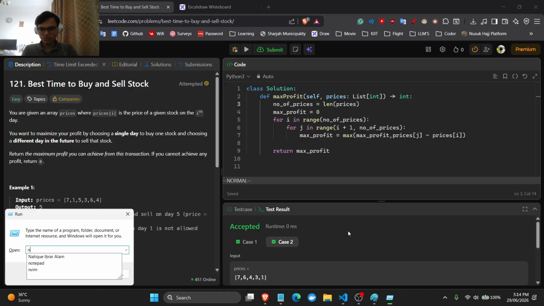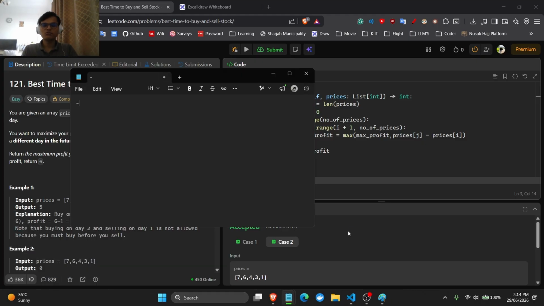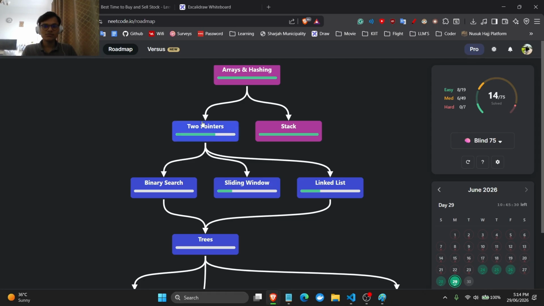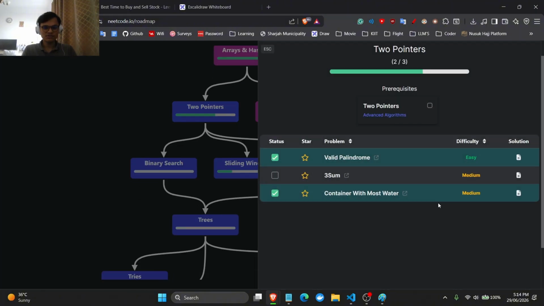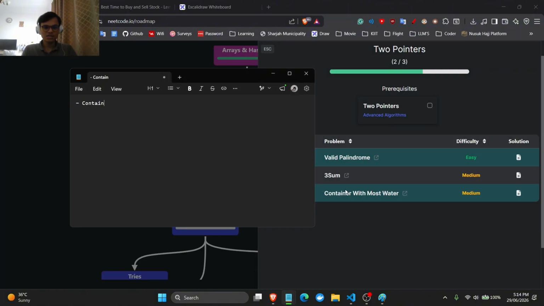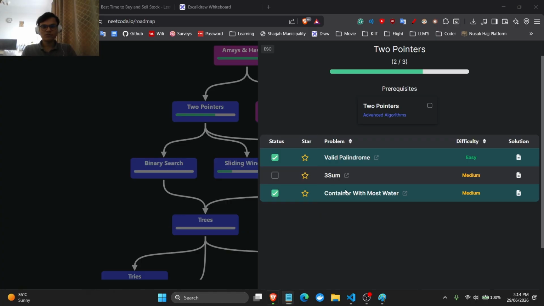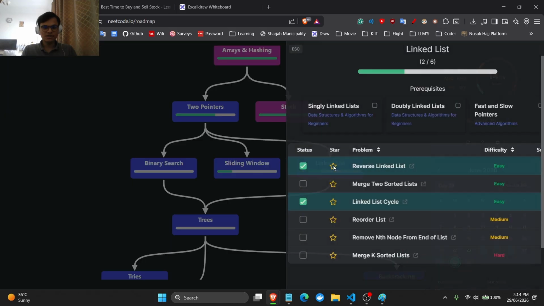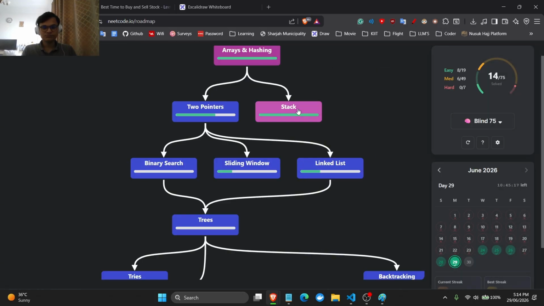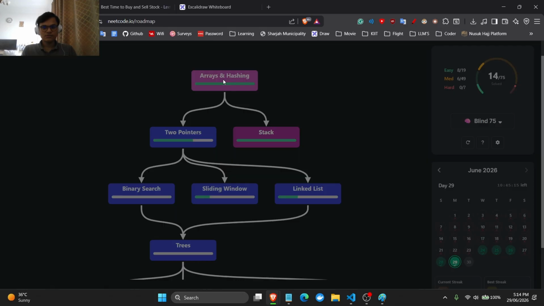Before I go ahead, I want to keep a note of all the LeetCode questions that I want to practice again, so I don't forget about them, because revisiting them is very important. Container with most water, I want to revisit that.